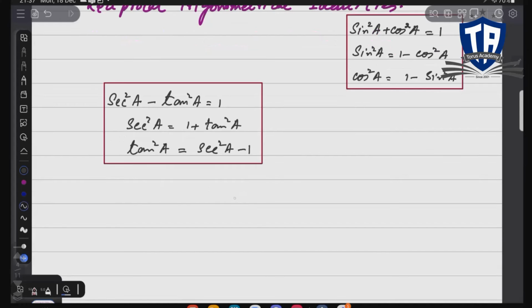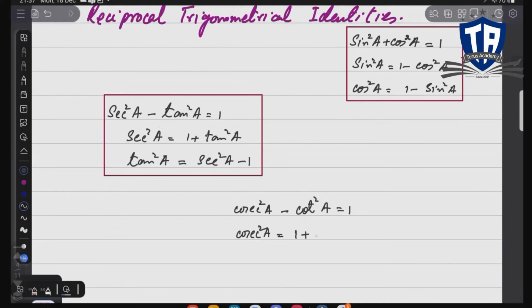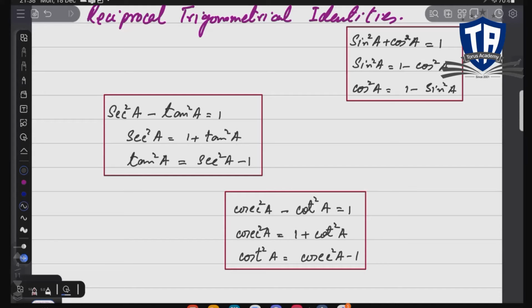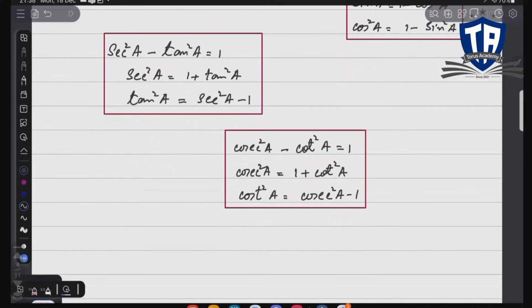Third case is cosecant square of A minus cot square of A, which is equal to 1. Cosecant square of A is equal to 1 plus cot square of A. And if we want to find cot square of A as the subject, we'll get cosecant square of A minus 1. So these are the further identities which we will apply in the coming questions.